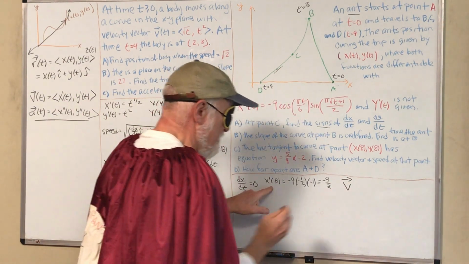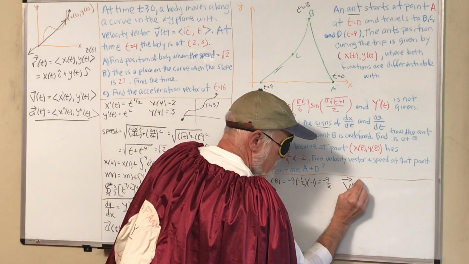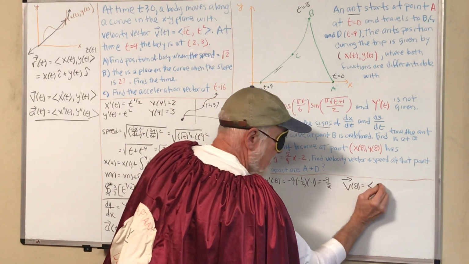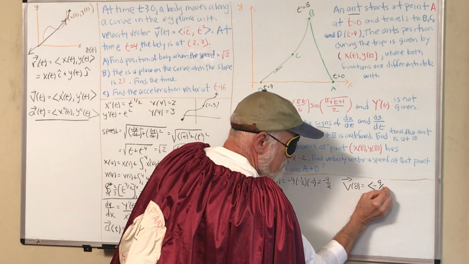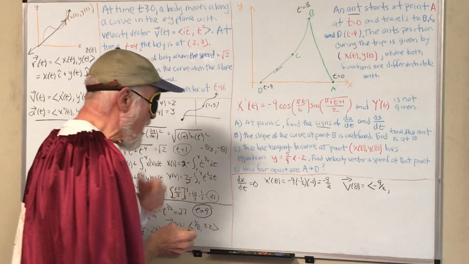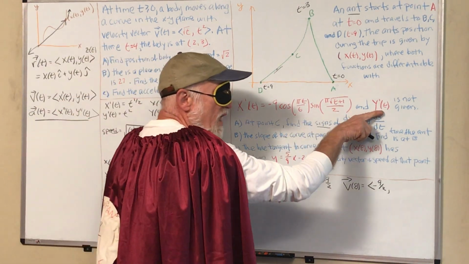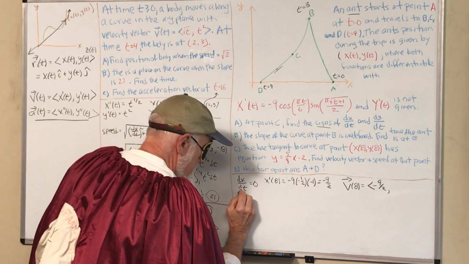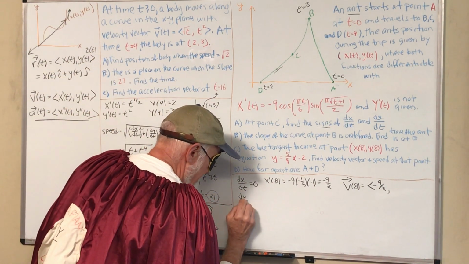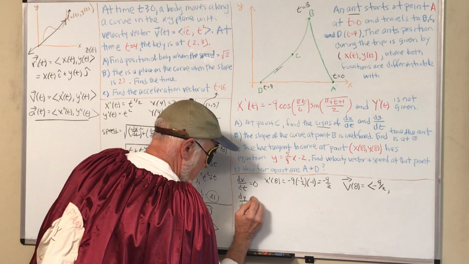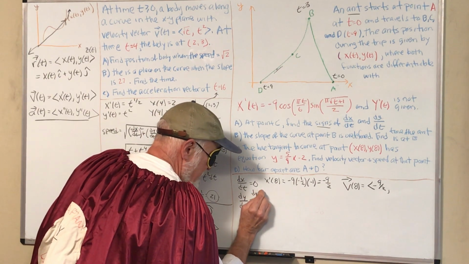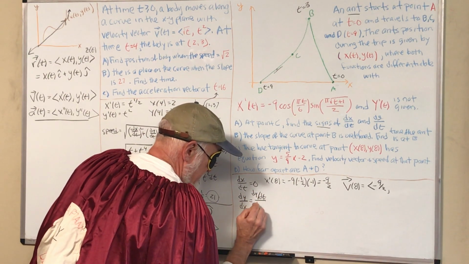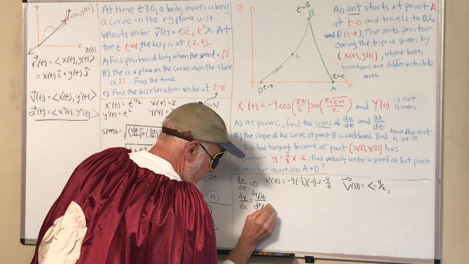We know x prime of 8 is negative 9/2. But we do need to find y prime of 8, and we don't have y prime of t. But we do know that dy/dx is dy/dt over dx/dt.